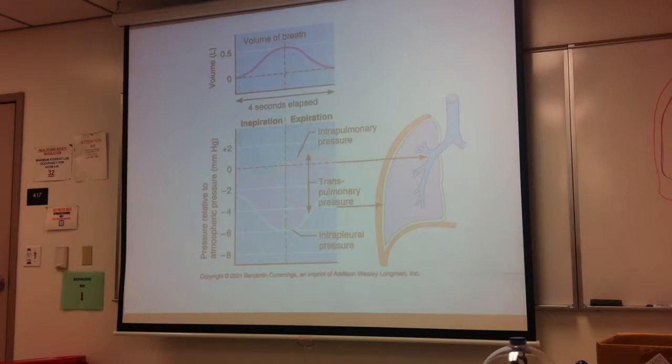Then as we raise the diaphragm, as it relaxes, intraalveolar pressure becomes greater and air is pushed out of the lungs. So this first line right here, going above and below atmospheric pressure, is the pressure within the lungs, within the alveoli. This lower line is intrapleural pressure. It follows the same kind of sinusoidal pattern as alveolar, but it never becomes greater than atmospheric.